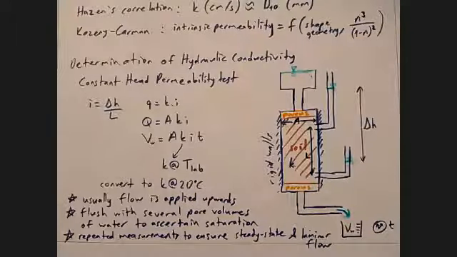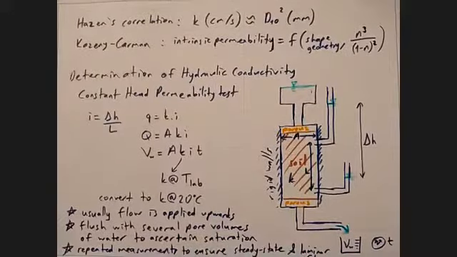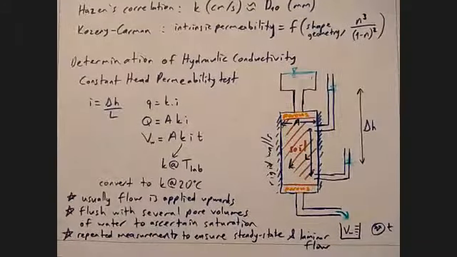So if you determine hydraulic conductivity at different hydraulic gradients and they don't match, they are off significantly, then you might not be having laminar flow there. So then this test is straightforward. It applies the basic principles of 1D flow directly to the problem.